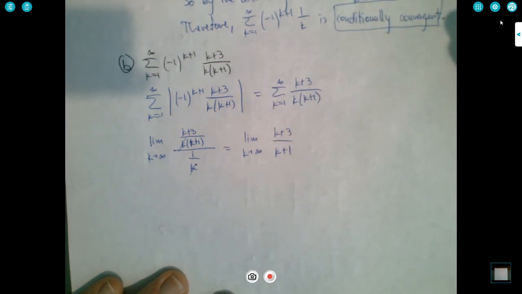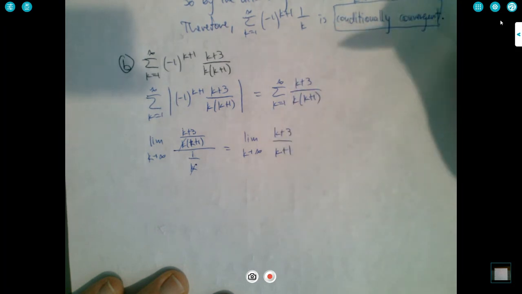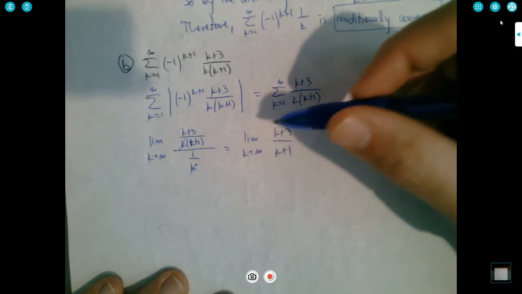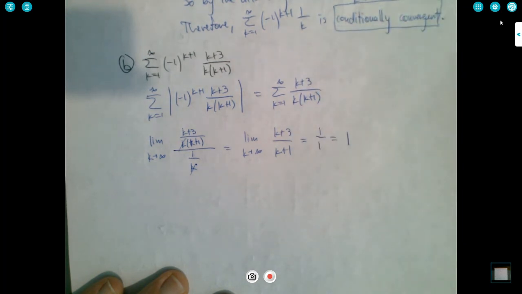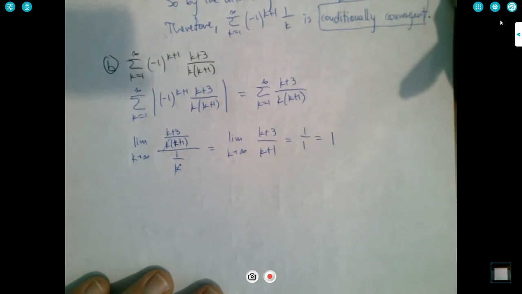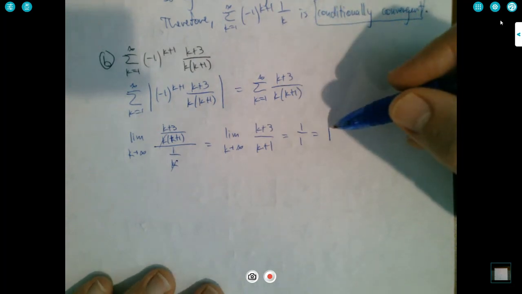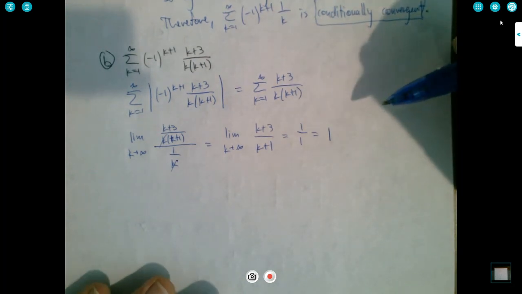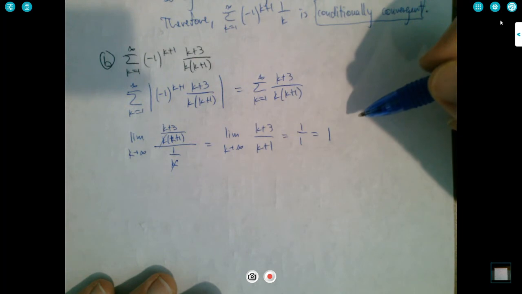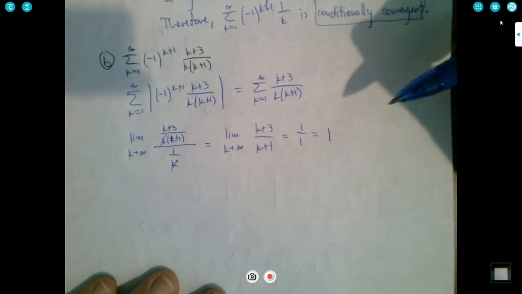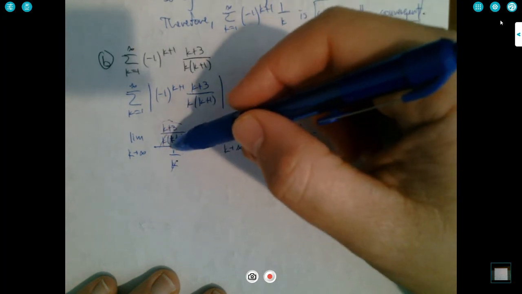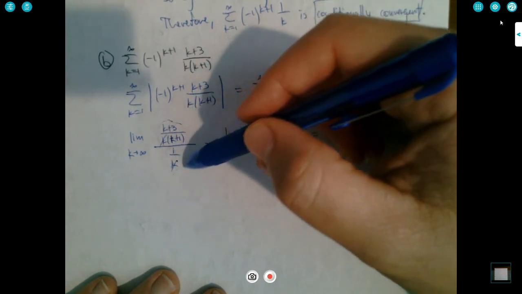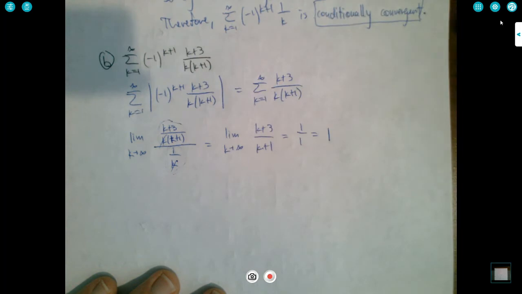Well, that's easy to do, right? This is just a polynomial divided by a polynomial, so the limit is the ratio of the leading coefficients, 1 over 1, which is 1. So 1 is bigger than 0, but it's also a finite value, and therefore this series does whatever this series does. This series diverges, therefore this series diverges.